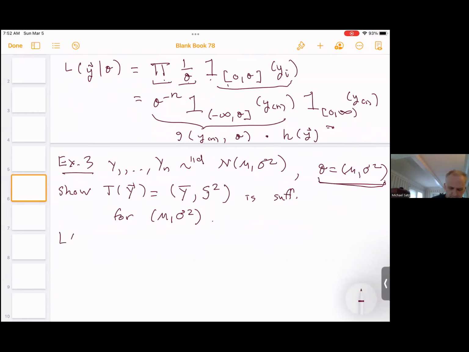L. Another density. L, product, 1 over, and the exponential term.